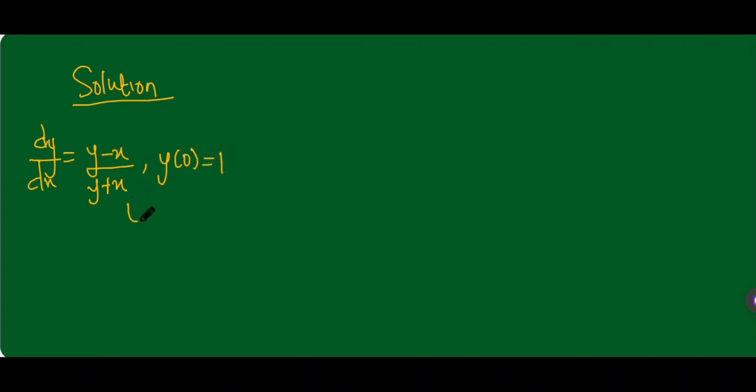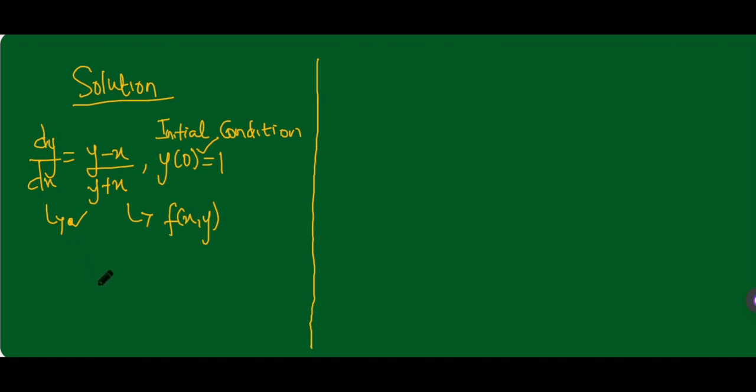So this represents our function in x and y. We have our derivative already, and we also have our initial condition. So we have everything set for us to solve this question.